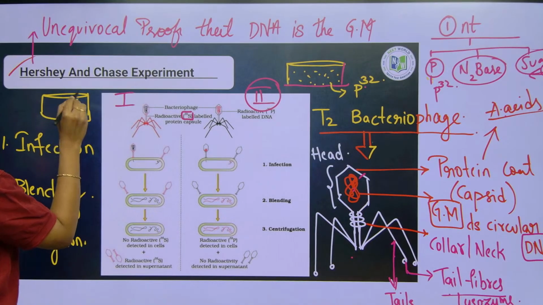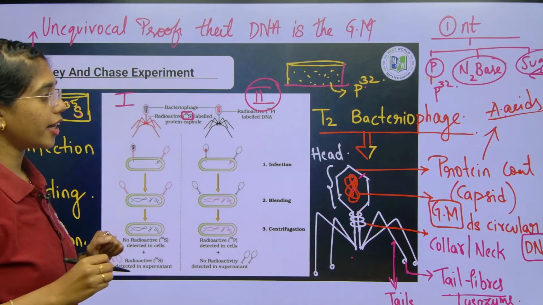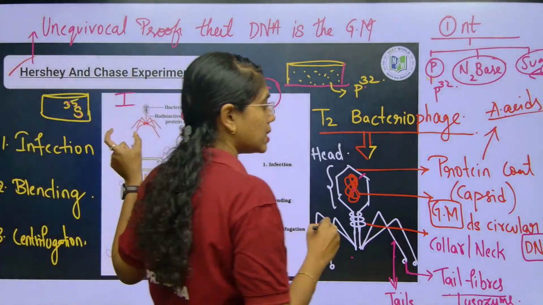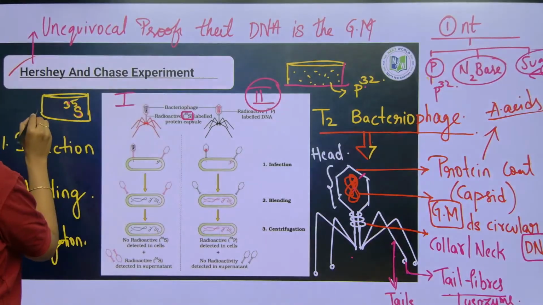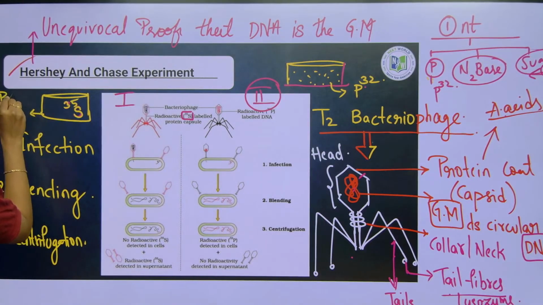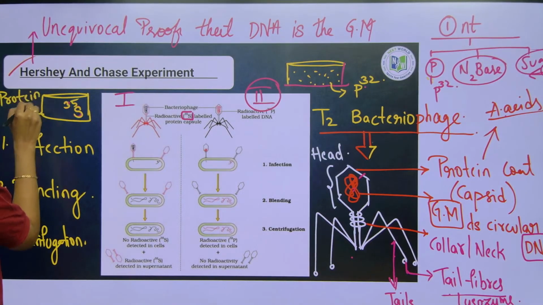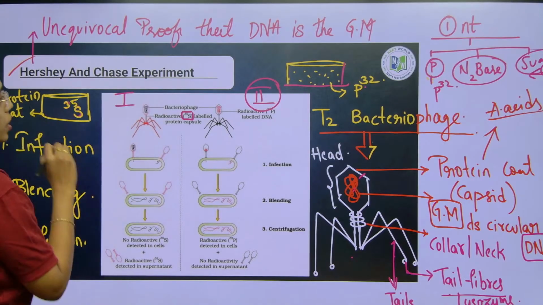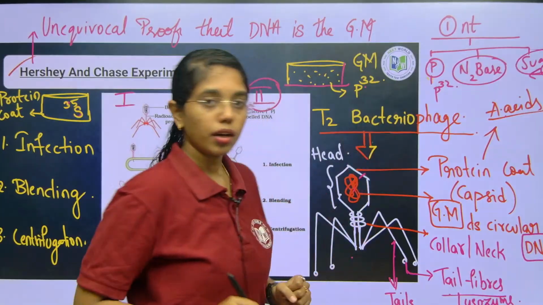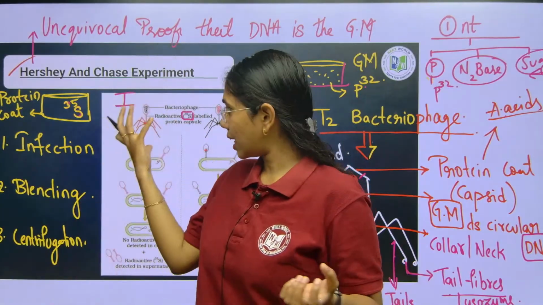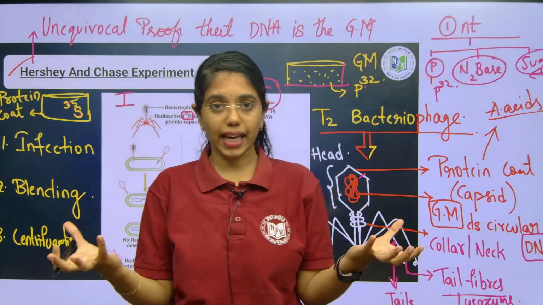S35. Got it? This is integrated where? The first is integrated into the protein coat, right? And the second is integrated into the genetic material. You are clear, right? This is the first culture plate and this is the second culture plate.